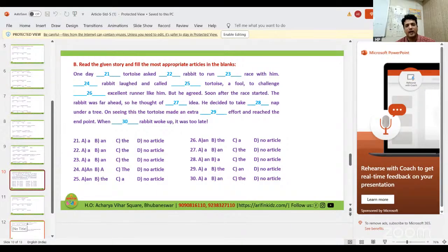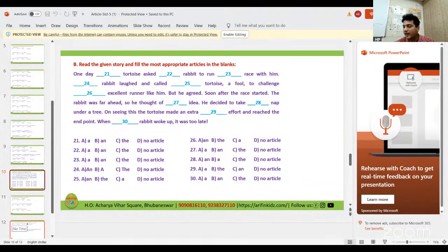He decided to take dash nap under a tree. On seeing this, the tortoise made an extra dash effort and reached the end point. When the rabbit woke up, it was too late.